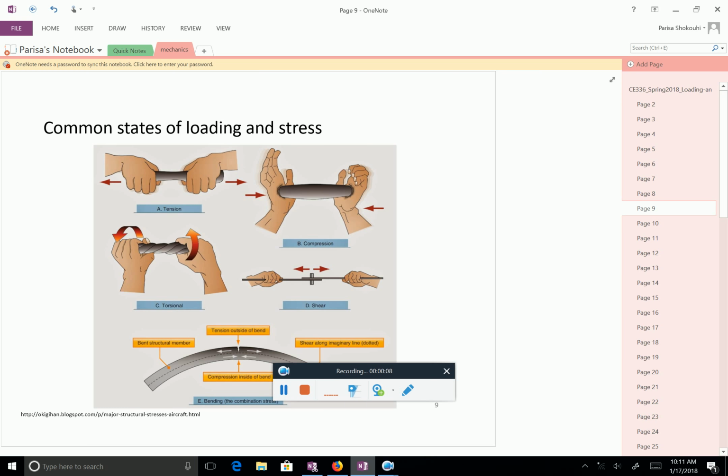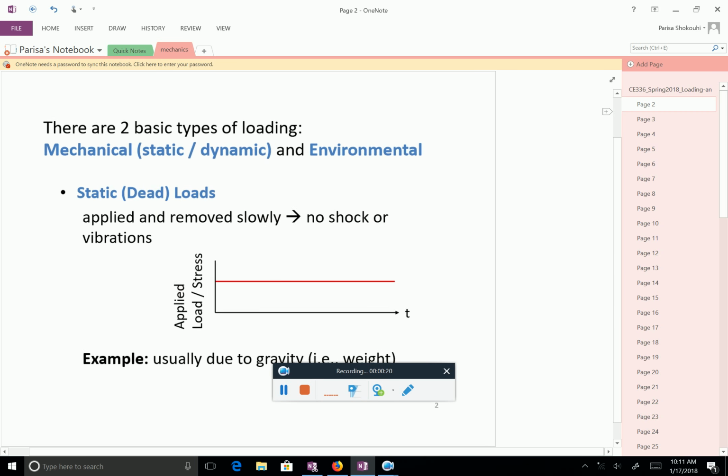And what we were doing last time was we had started with the review of mechanics of materials. And if you remember, I started by introducing the two main categories of loading, mechanical versus environmental.